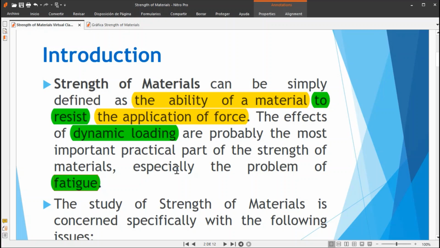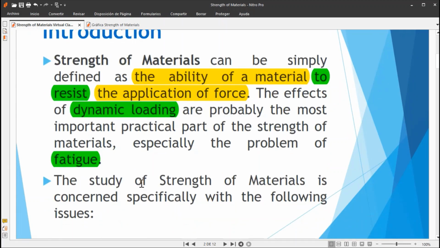You're going to find some cracks. You're going to find this tendency to break. When the wood starts to have a clear tendency to break, we can talk about fatigue. This is the idea: when the material can no longer resist the application of force. Loading has been so much, or dynamic loading has been so much, and it cannot hold everything.